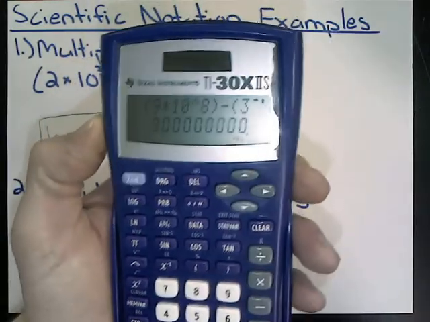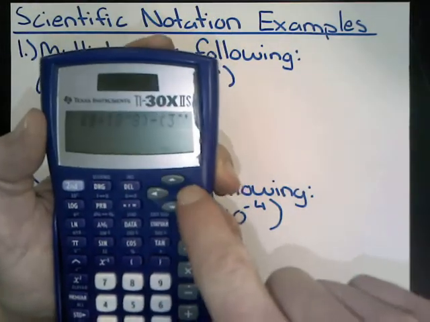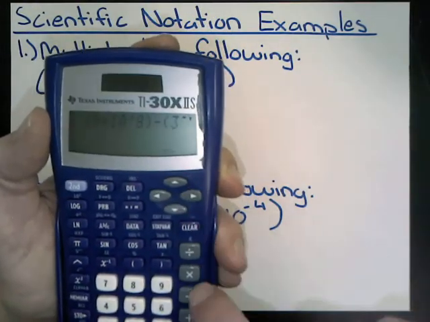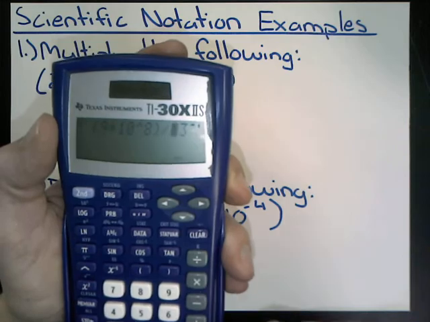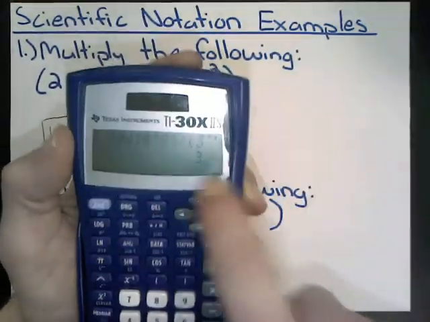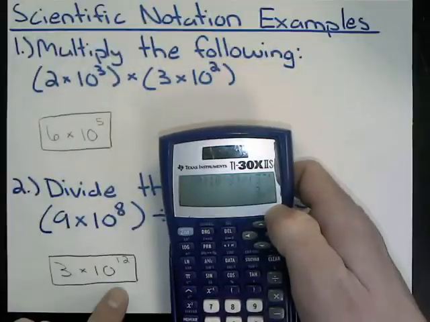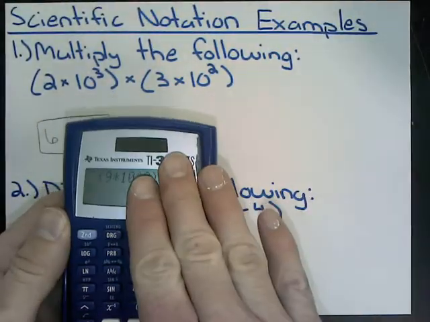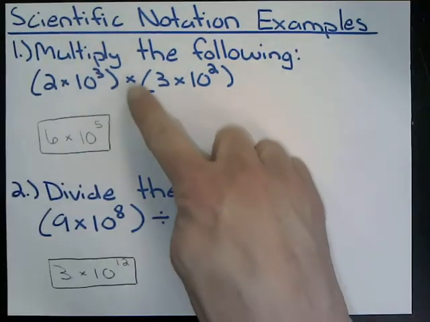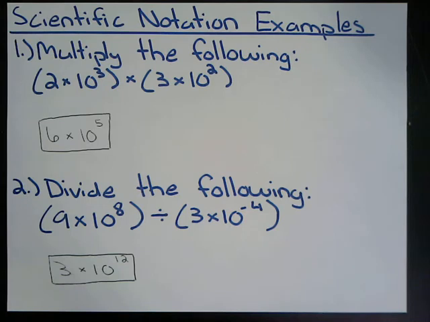Make sure you have the correct symbol in that calculator. I did it twice here. And we get a value here of 3 times 10 to the 12th, which checks out. Again, my mistake with the calculator in these two problems was I did not put the multiplication sign in the problem on top and the division sign on bottom.